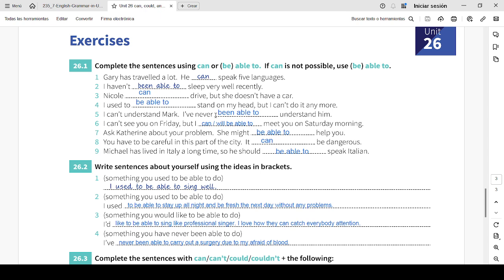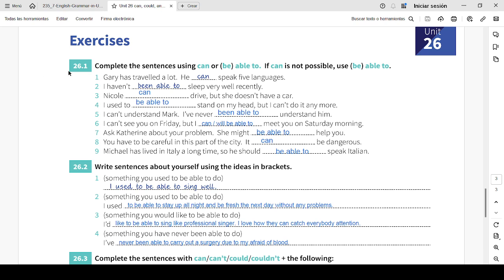Okay. So next one. I can see you on Friday, but I can't meet you on Saturday morning. Also, I can see you on Friday, but I will be able to meet you on Saturday morning. So the correct answer in this sentence is can, but also be able to. Why? I didn't put it well.